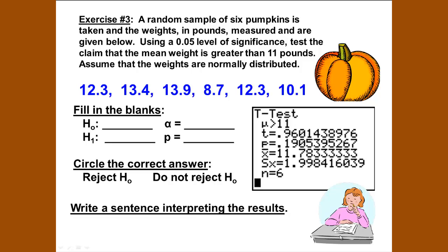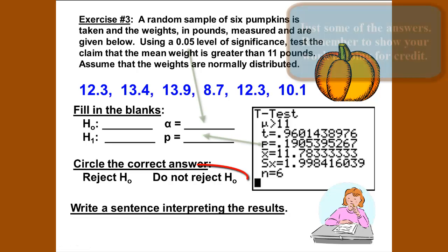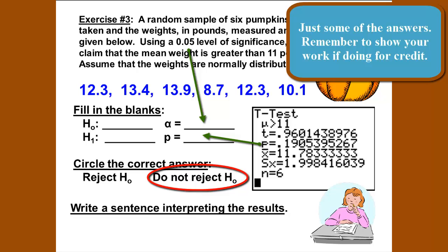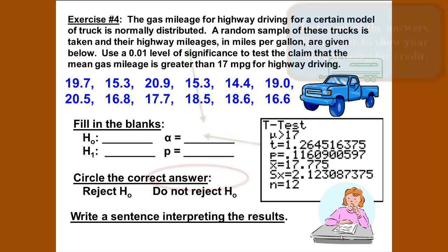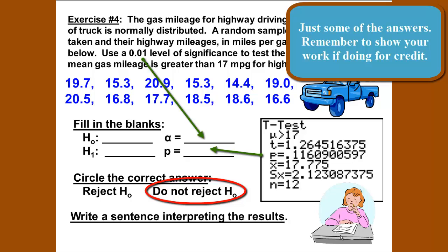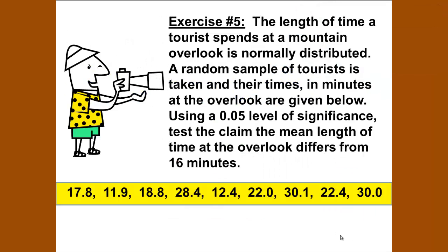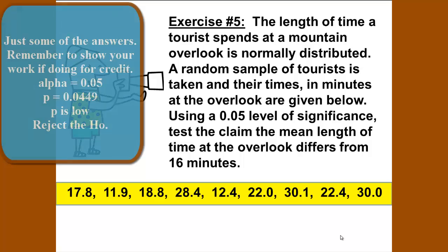Exercise 3. Exercise 4. Exercise 5. Notice that Mrs. Borlaug left out the structure that was in the previous problems. You do need to use that same structure on each problem, except this time you'll need to obtain your own T results using your TI-83 or TI-84 calculator.